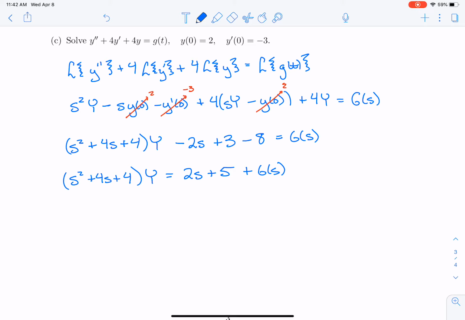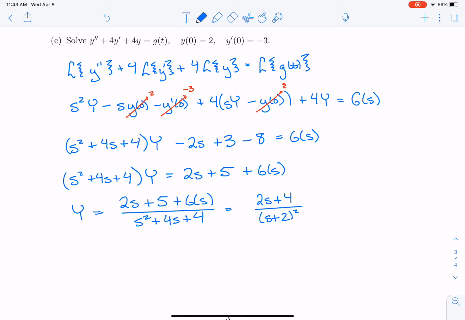So Y in this case is going to equal 2s plus 5 plus G of s over s squared plus 4s plus 4. So I'm going to write this as 2s plus 4 over, now notice our denominator is s plus 2 squared, plus 1 over s plus 2 squared.